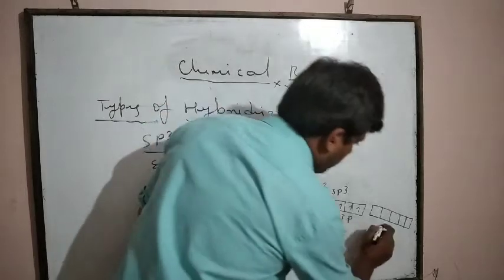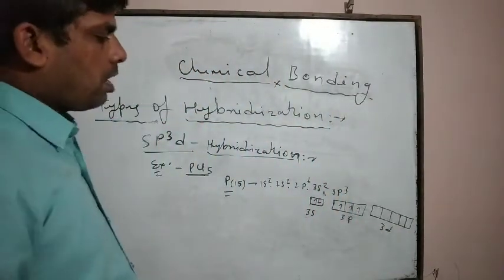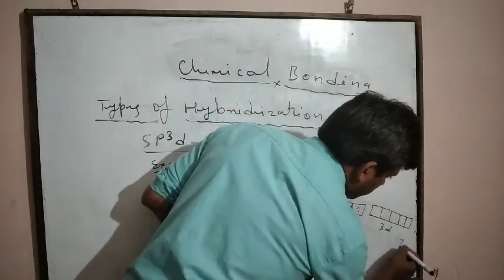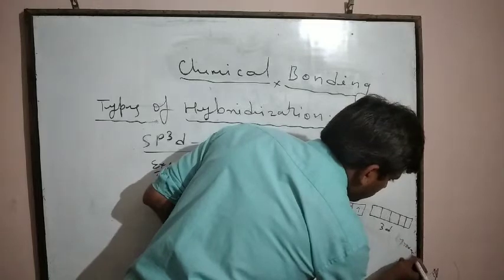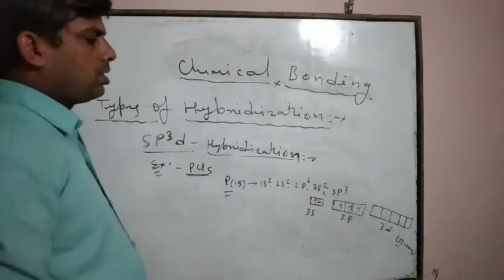So 3s, 3p, and 3d is vacant. This is the ground state.